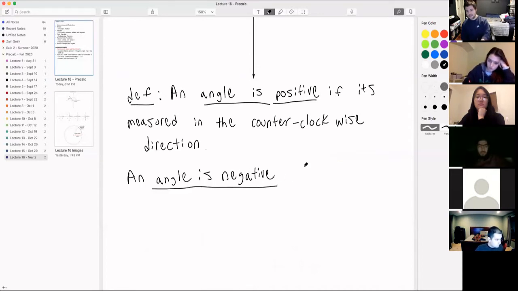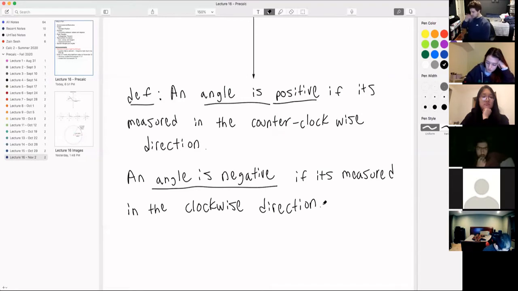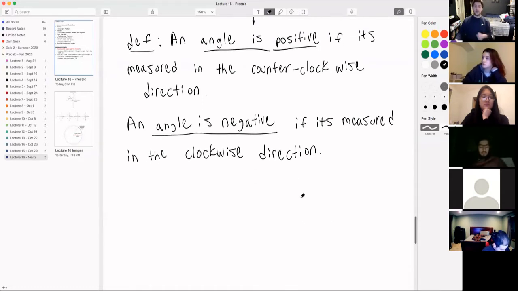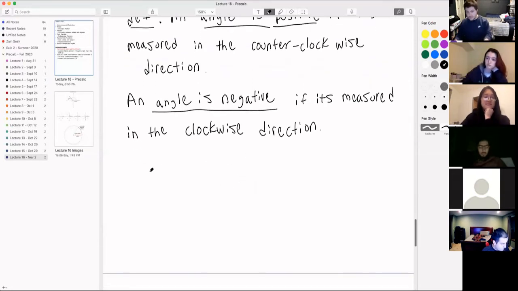An angle is negative if it's measured in the clockwise direction. That just means that the terminal side was rotated in a clockwise direction. We're going to see examples of both, so let's see that right now.